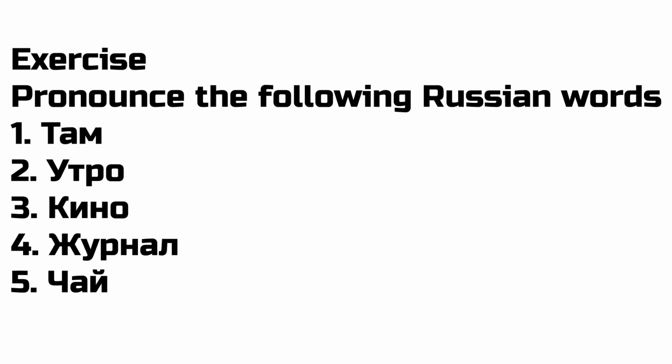Number 2, utro. Number 3, kino. Number 4, zhurnal. And number 5, chai. How about the meaning of these words? Chai means tea, yes. Kino means cinema, well done. Utro means morning, spectacular.